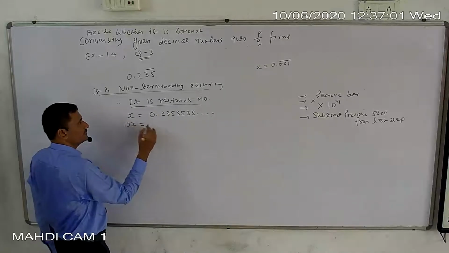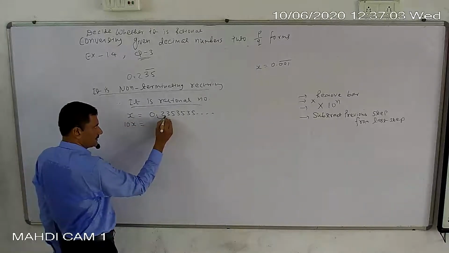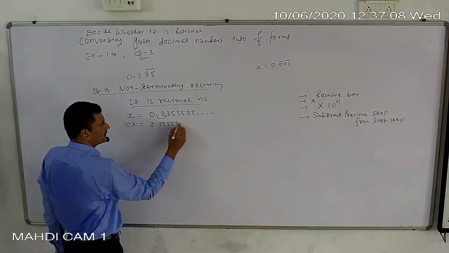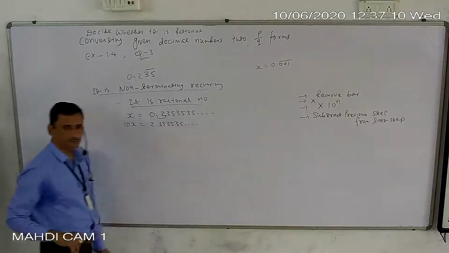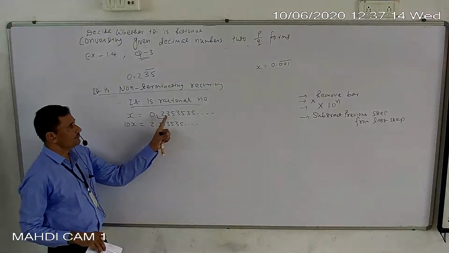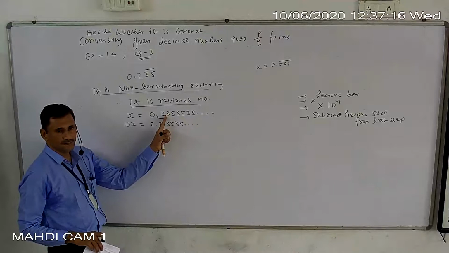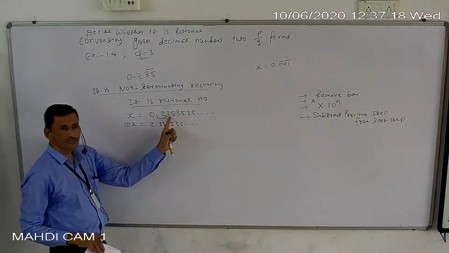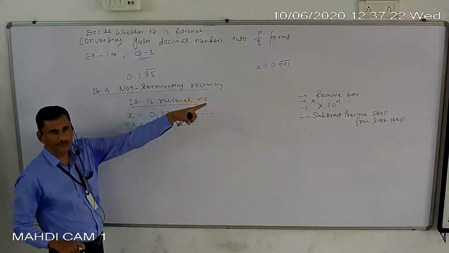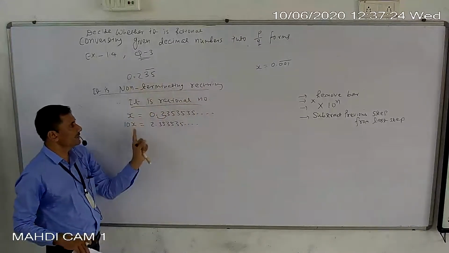So 10x equal to 2.353535. Again, the point should be at the place where the repeating block starts. Here is some problem, not just like the previous one. So we just multiply by 10.